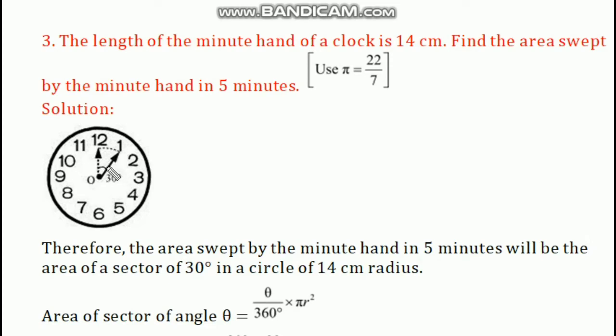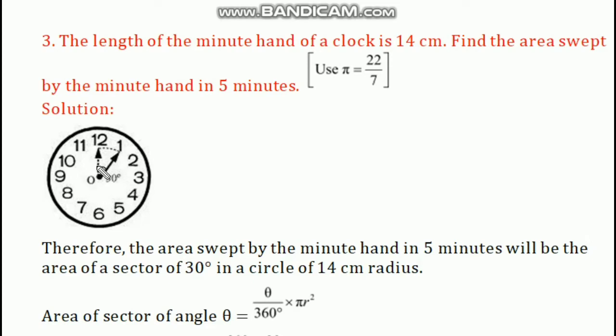So how to find out this angle? We already know that the total angle of the circle is 360 degree. Here, you know that the clock contains 12 numbers. So 360 divided by 12 is 30.